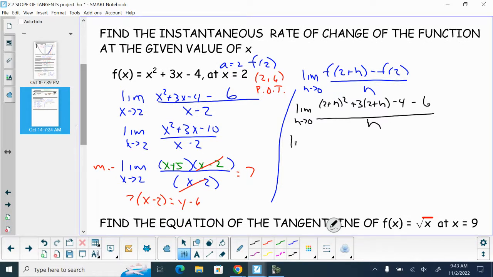So we have the limit as h approaches 0 of 4 plus 4h plus h squared plus 6 plus 3h minus 10. Making negative 4 is minus 6. The 4, 6, and 10 will cancel out with the negative 10.